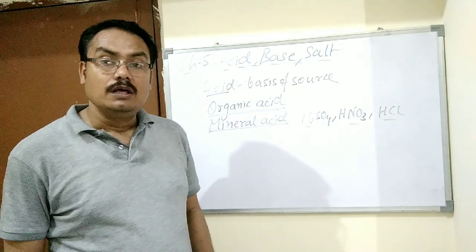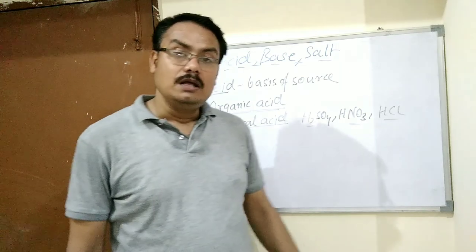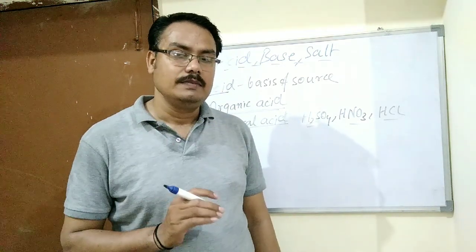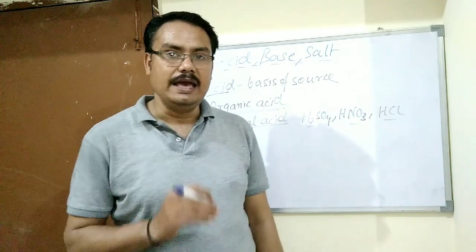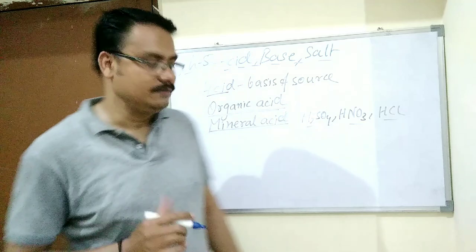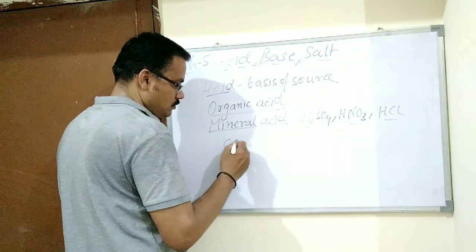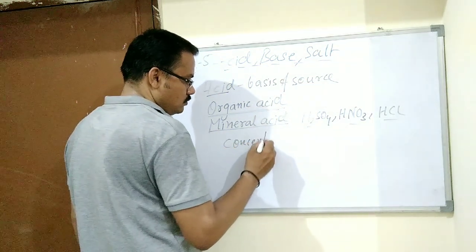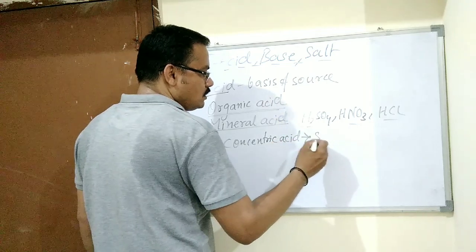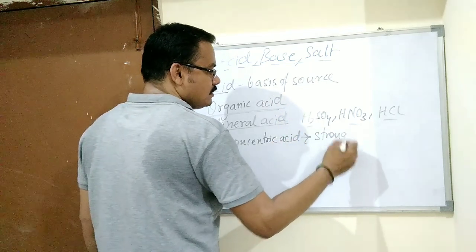Which one is the strong acid? The acid in which the amount of water is very little is called the strong acid, and the other name of strong acid is concentrated acid.